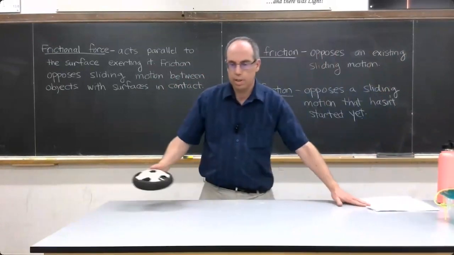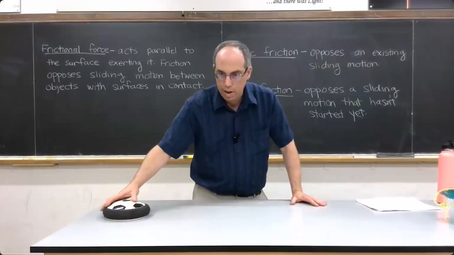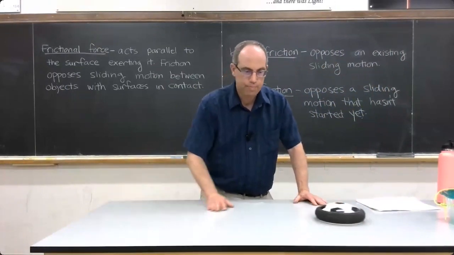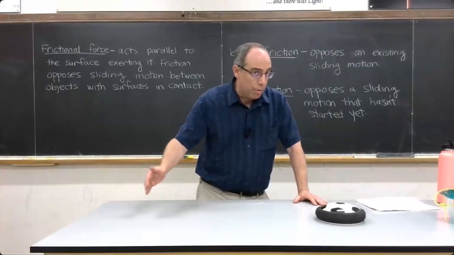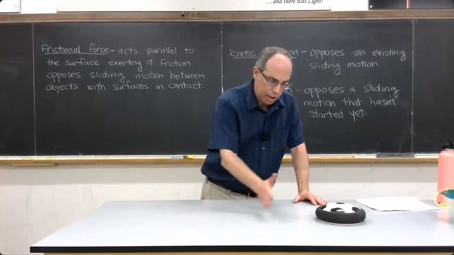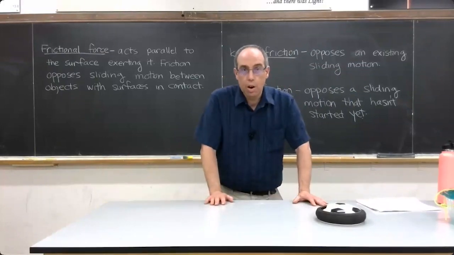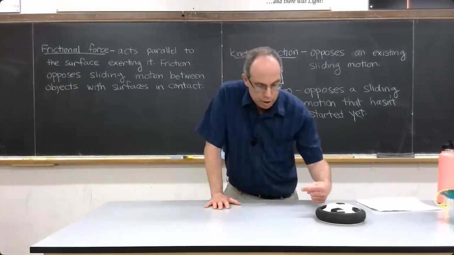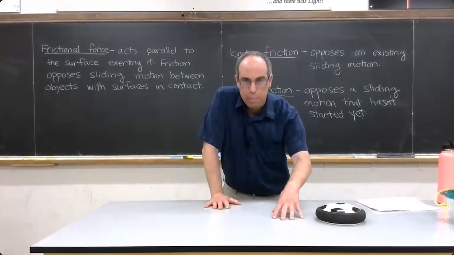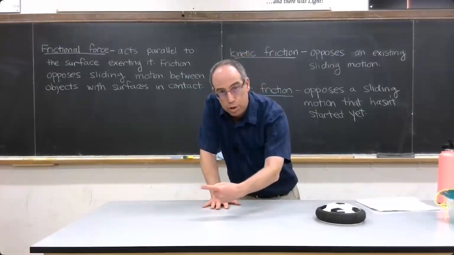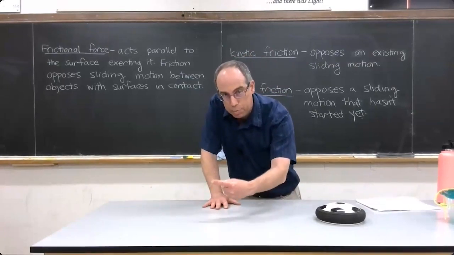So let's just start by taking the air puck and giving the air puck a push. And you can see that after I released the air puck, it slowed and came to rest. Why was that? It is because the tabletop was exerting a frictional force on the air puck opposite its motion.